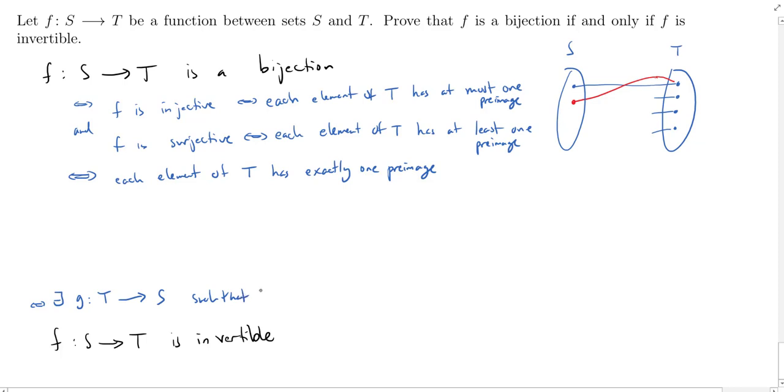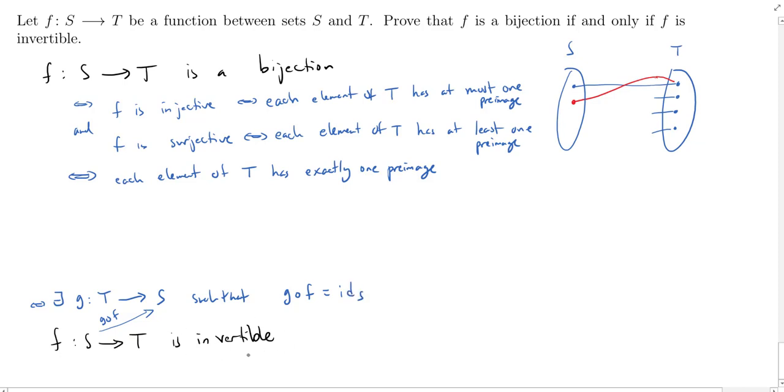if you compose the functions, say you first apply f and then you apply g, so f goes from S to T, and then g goes from T back to S. This would be in total a map from S to S. So that's what g composed with f would look like, and this should actually be the identity map on S if you're going to have an invertible map.